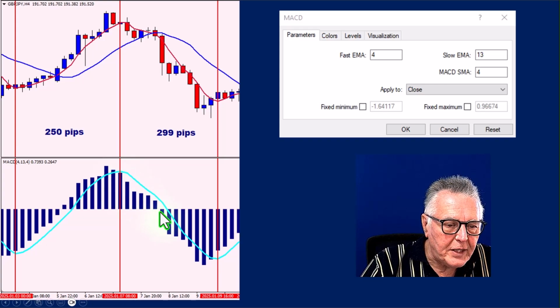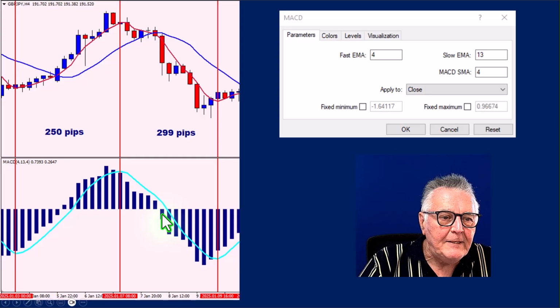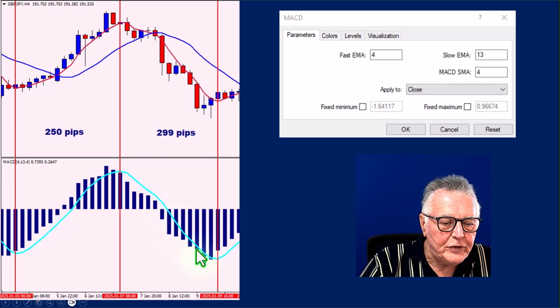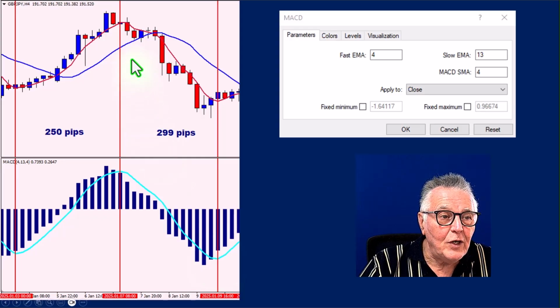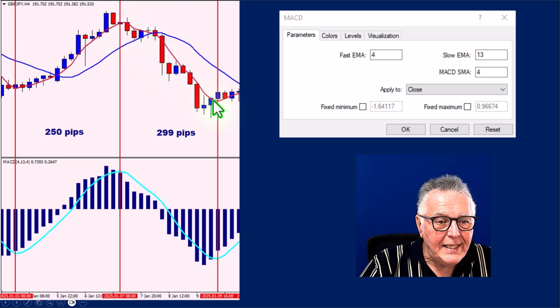It converged, and in fact, on the bottom end, when it's going down here, it is diverging again, and then there it started converging again. So that's the exit. So it gave a trade entry and a fantastic exit.